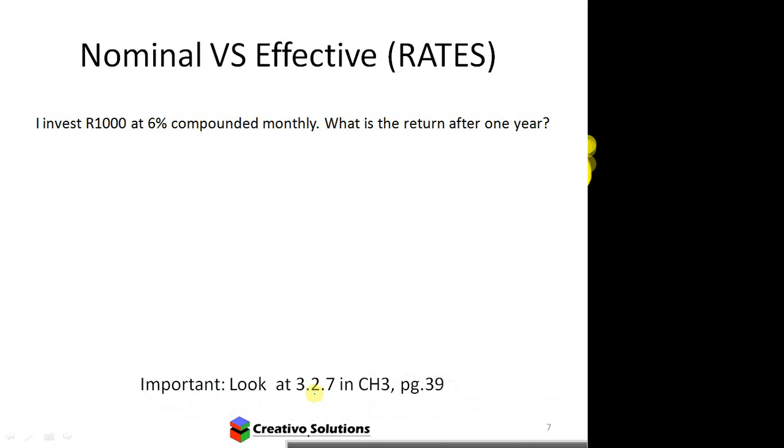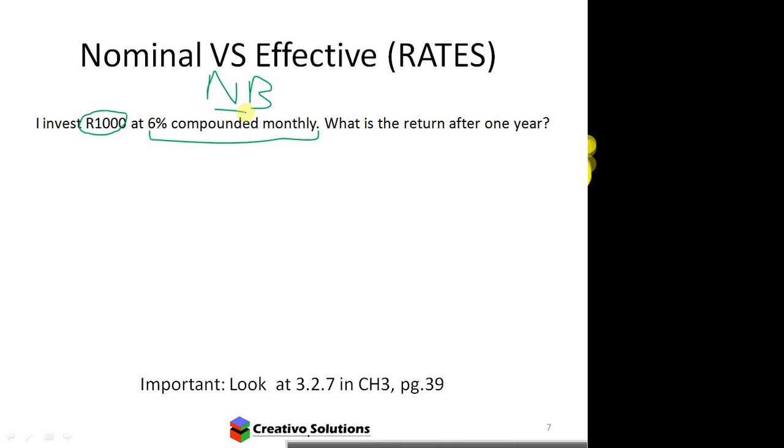Alright, so let's look at the same example. Do it monthly, we'll do it on the calculator. So 1000 invested at 6% monthly. There's the key, NB. So what am I doing? I'm increasing the amount of interest that I'm going to be earning.